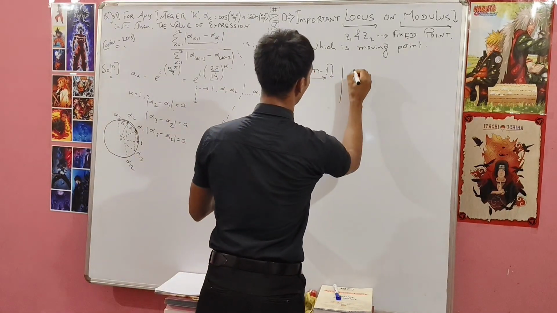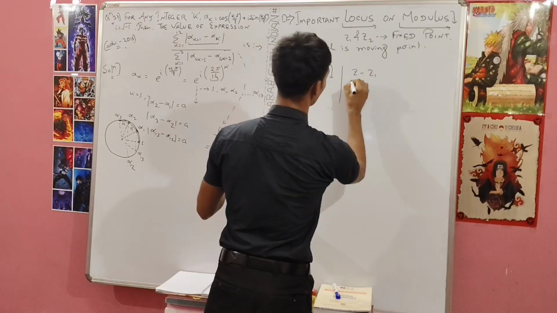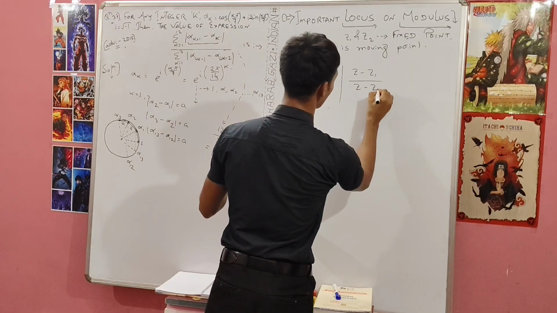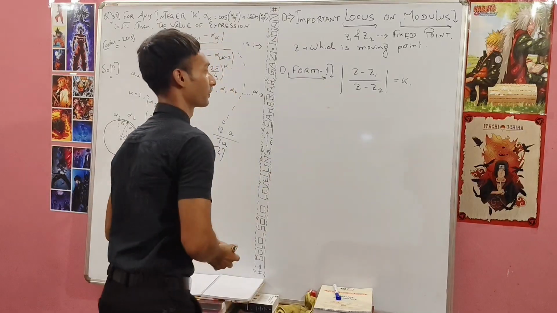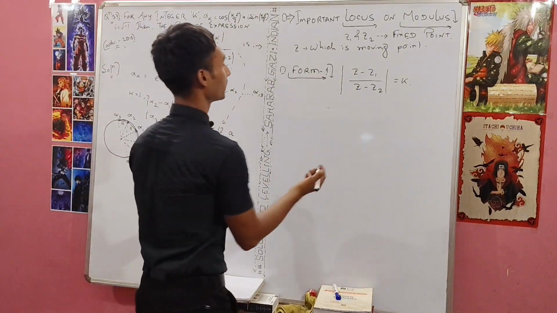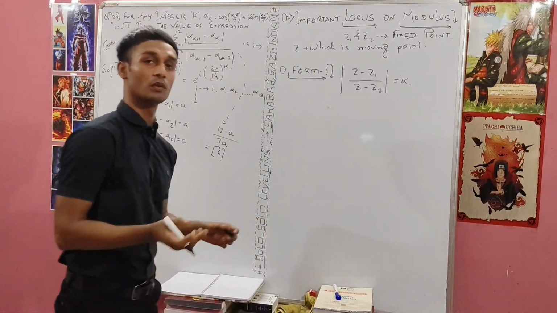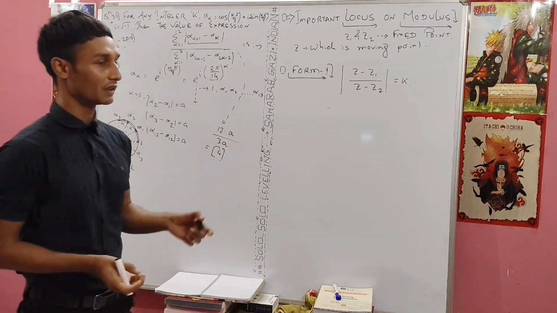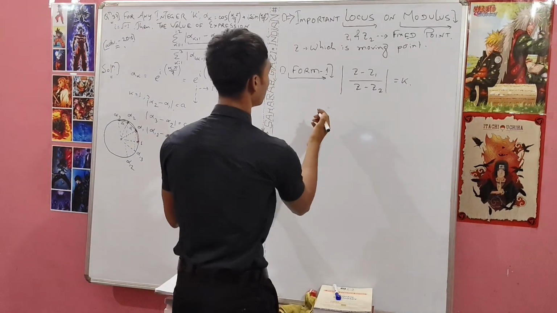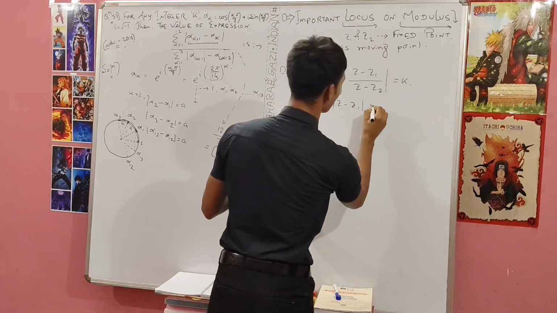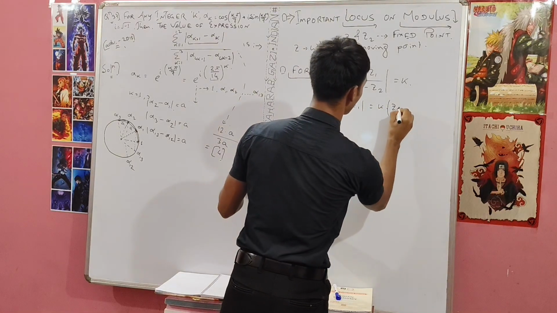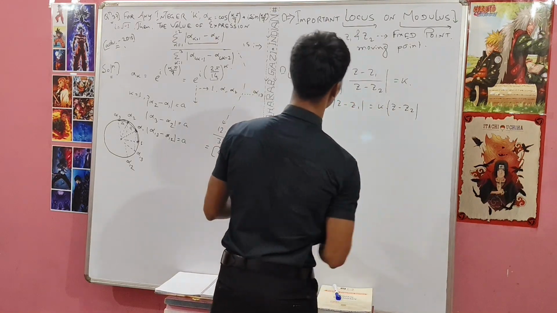The mod of z minus z1 by z minus z2 is equal to k. Well, we know that modulus is distributive over only multiplication and division. Here it's division, so just distribute it over z minus z2.